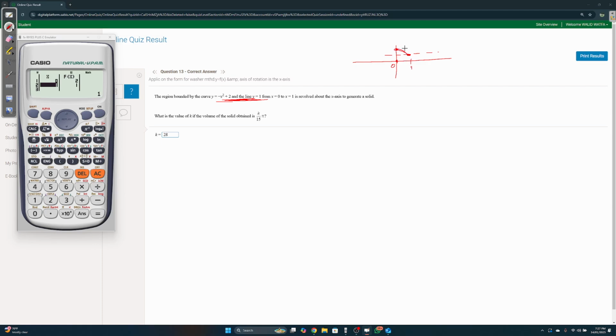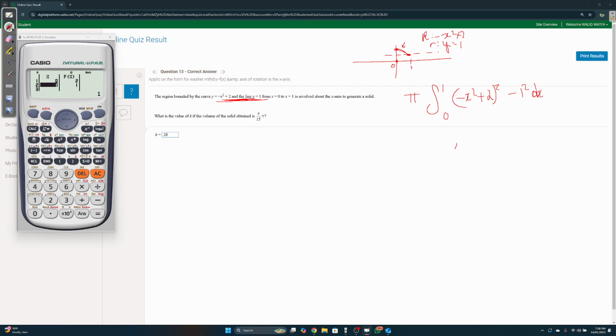So which one's big R? Obviously, minus x squared plus 2. Which one's small r? y equals 1. So let's do the formula: pi integral from 0 till 1 of big R squared, so minus x squared plus 2 squared, minus small r squared, dx. If you want to do this, you have to expand this, as if it's (a minus b) squared.